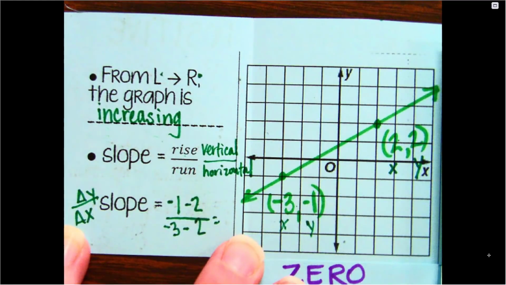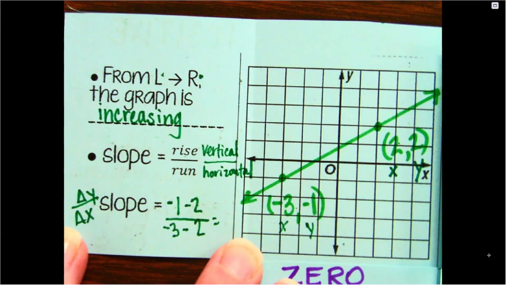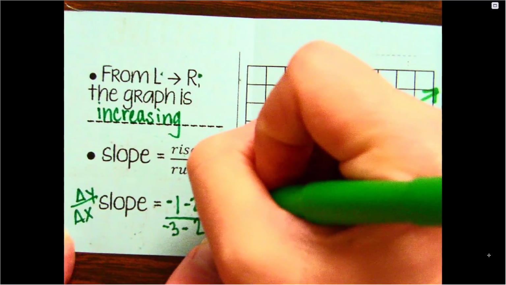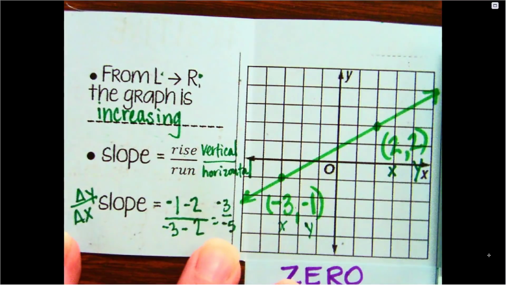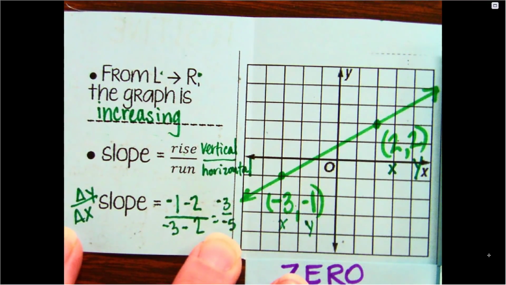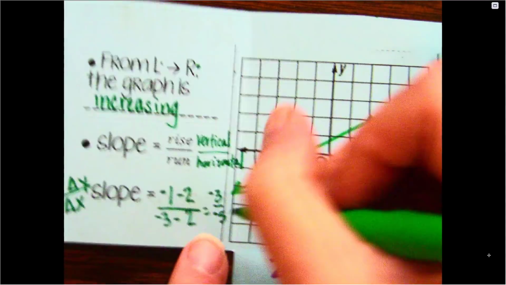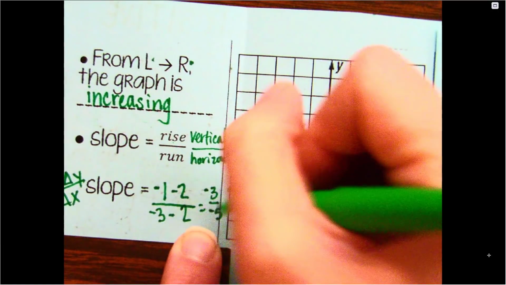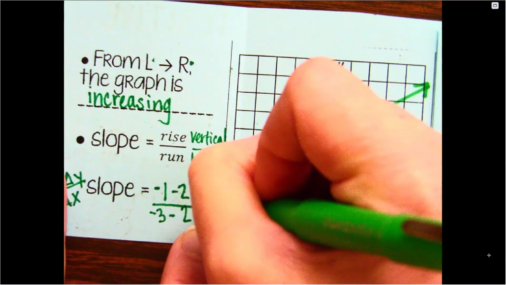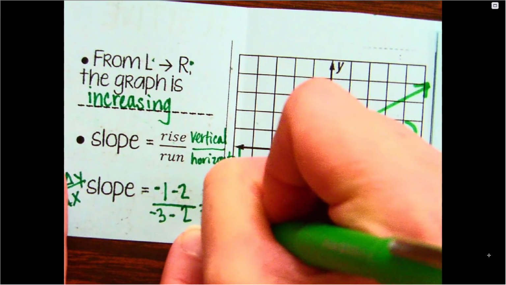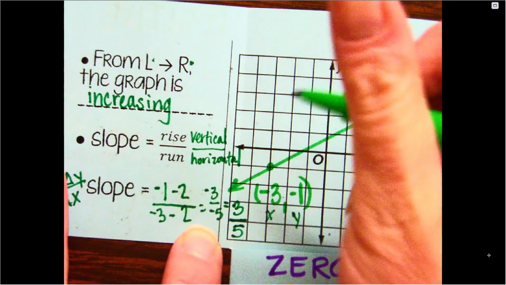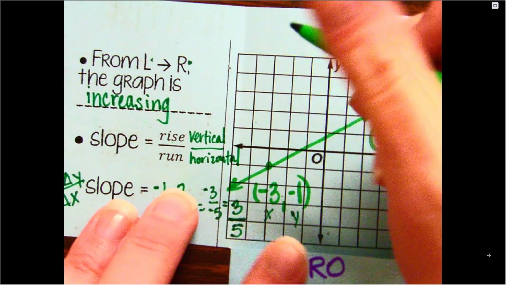Okay, and so for that one, if I do those in the calculator, I'm going to have a -3 over a -5. But if I have a negative divided by a negative, that will actually simplify to 3 is my vertical change to 5 is my horizontal change.